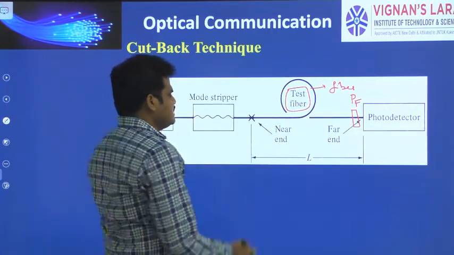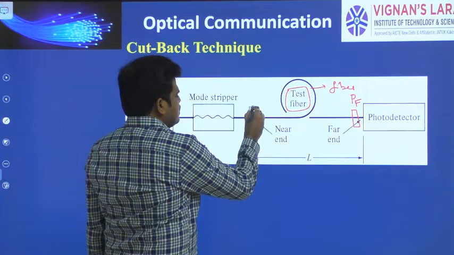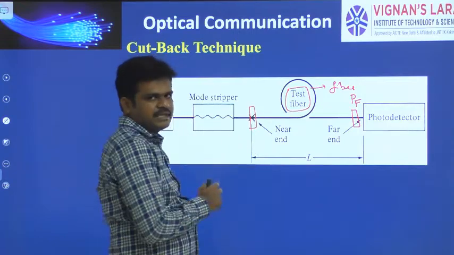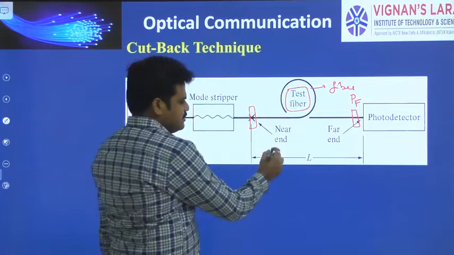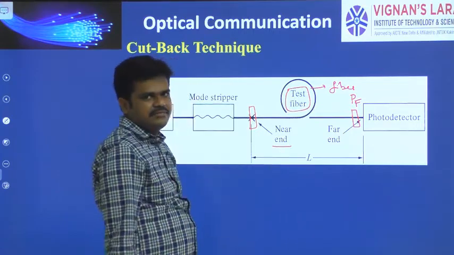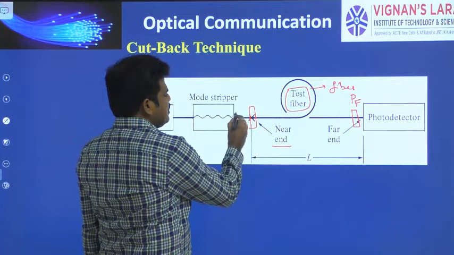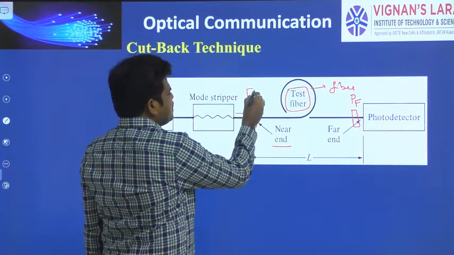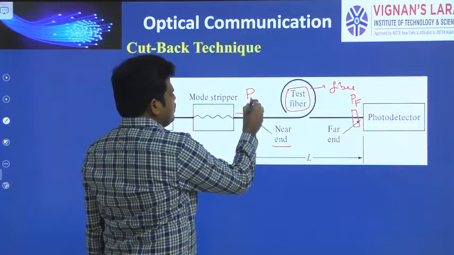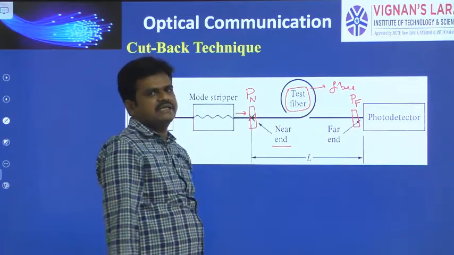After that, we cut the optical fiber near the source. We call it the near end, and we measure the optical power coming from the optical source. We call that power PN, the power measured at the near end.